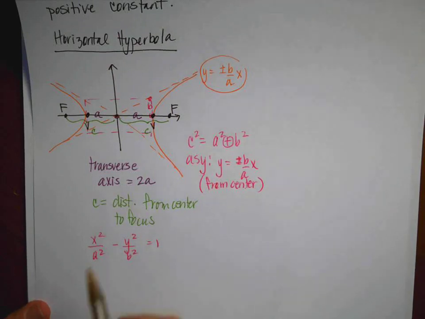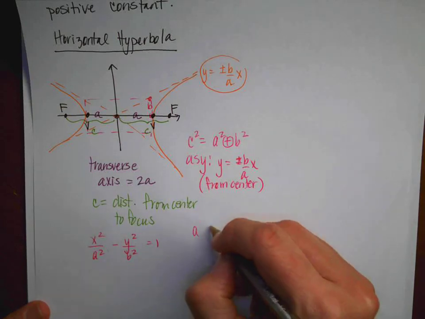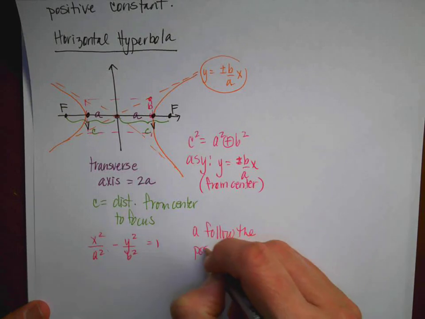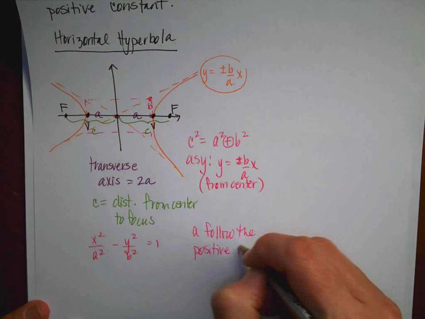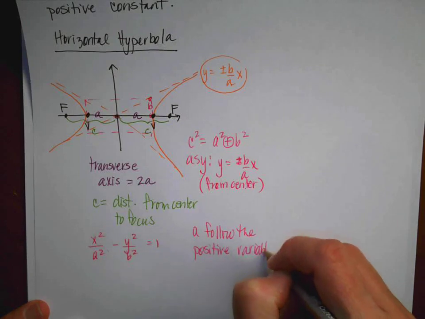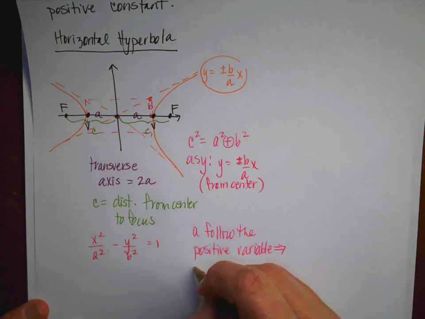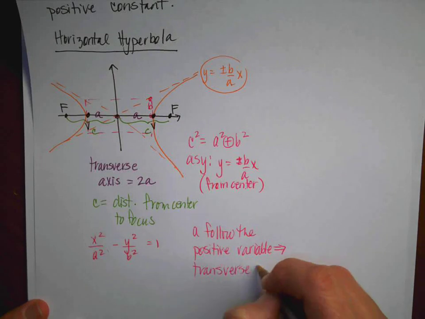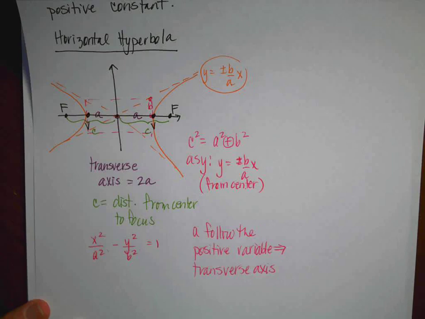Unlike the other shapes, like when we did an ellipse, the largest number is not a. A is going to follow the positive variable, and the positive variable is going to determine your transverse axis, meaning the orientation of the hyperbola.